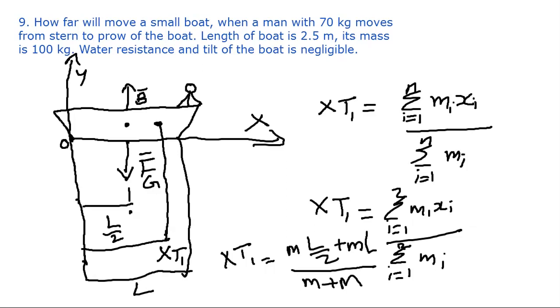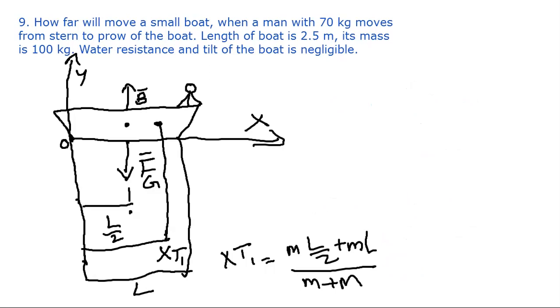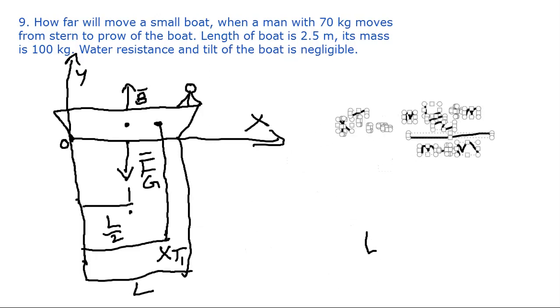So let us write it here. So we have the initially the position of center of mass of the system we have here. That is xt1 is equal to capital M L by 2 plus small m L divided by M plus m.